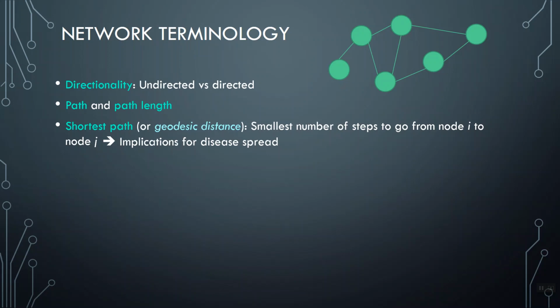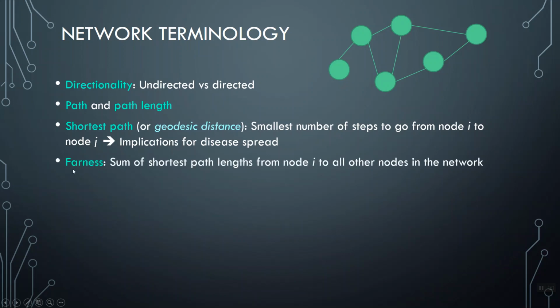So if the shortest path is really small, the disease is going to get spread way faster. It's going to reach everyone way quicker, okay? Because just with 1 or 2 steps, you're already infecting someone, so imagine. But if the shortest path is 10, okay, the disease is going to spread a bit slower. Of course, it depends on many other things, but network related, this is important because of that.